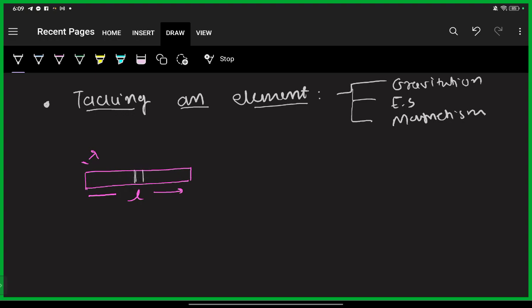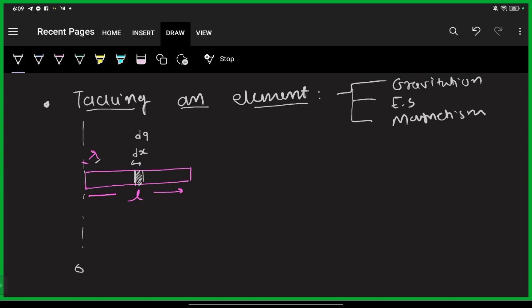Let's say you are measuring something from this side. This is the origin. First, start with the origin. Then we are going to take an element whose length is dx. Since this is a charge density, we are going to assume that it is having a charge dq.